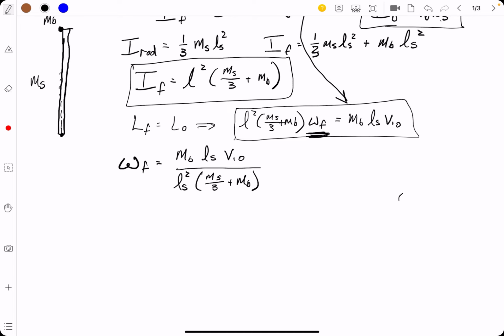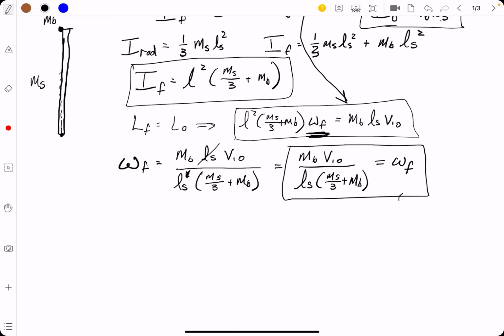Okay, we can get rid of this and one of those. So that's doable, and we can rewrite it like this. We've got our L of the stick, mass of stick over 3 plus mass block, and that is our omega final. Now, what do we do? We go through and plug in all the numbers, right? Yeah, my algebra worked out.